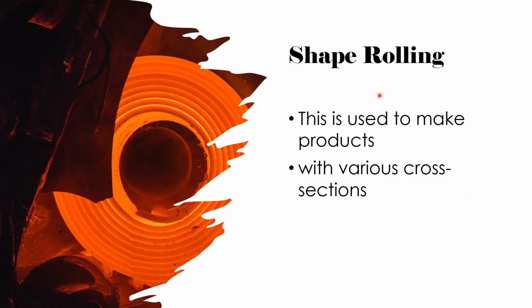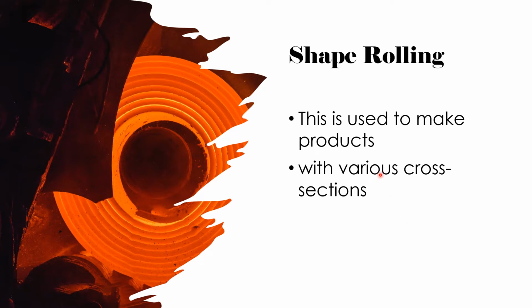Shape rolling. This one we use to make products with various cross sections. And you know what a cross section is? If you want to review it, we just cut it straight. Whenever you want to take a look at the cross section of something, you just cut it down, and you can also cut it virtually.